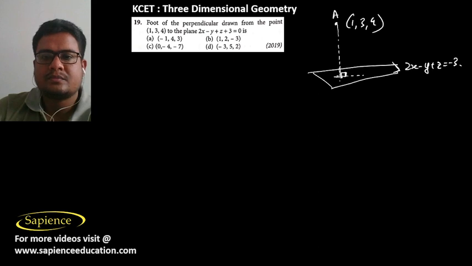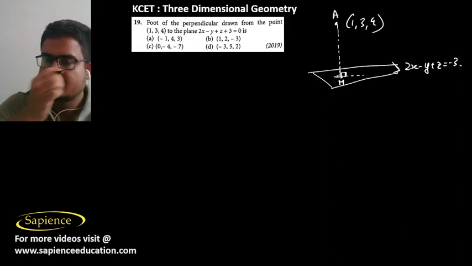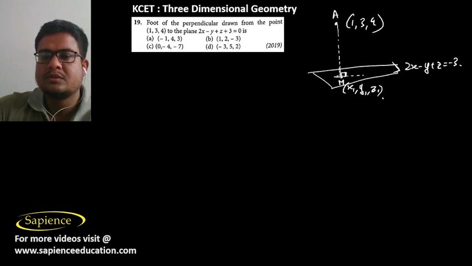So let that point be M. Let it be x1 comma y1 comma z1.